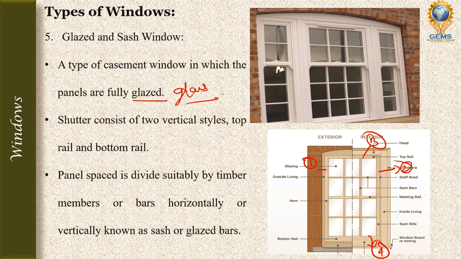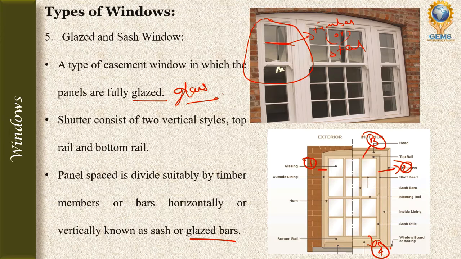So you have to fix the glass panel by dividing it with rods one by one. This rod can be in timber or in steel. We call this the glazed bar. The reason we give the glazed bar is that the panel space is divided suitably, so that we can fix the glass panel.